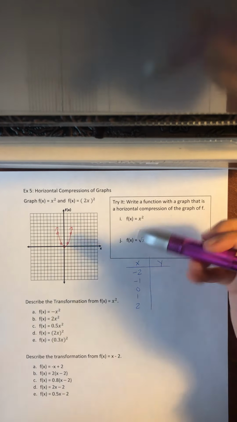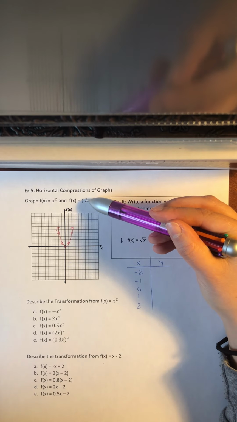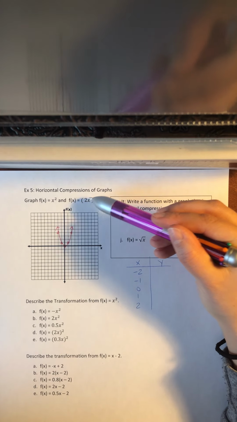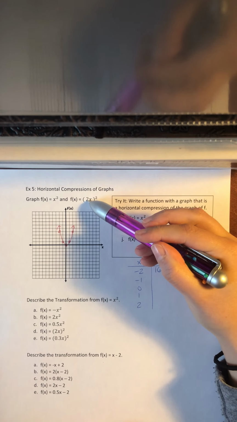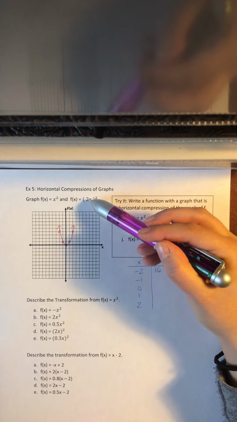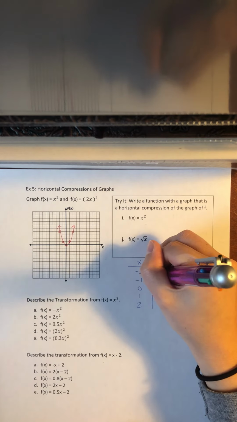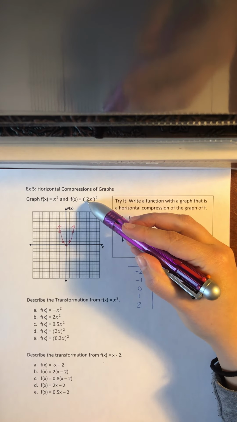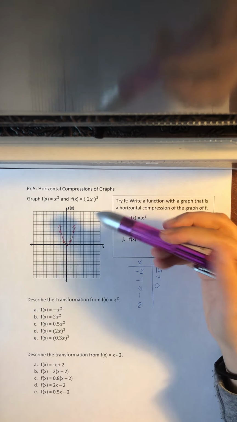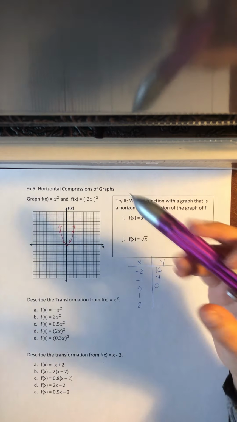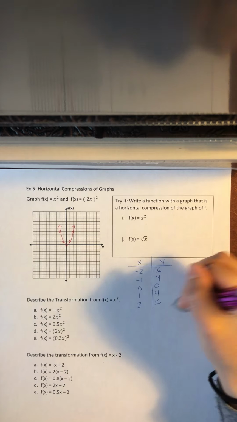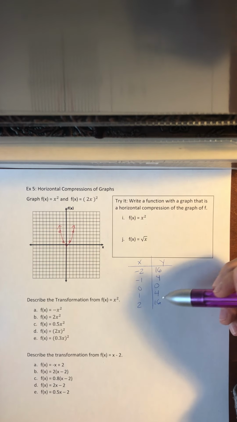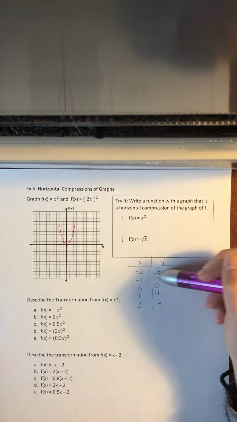All right, if we plug in -2, -2 times 2 is -4. -4 squared is +16. -1 times 2 is -2. -2 squared is +4. 0 times 2 is 0. 0 squared is 0. 1 times 2 is 2. 2 squared is 4. 2 times 2 is 4. Squared is 16. I'm not going to graph these values because they're going to go way off the graph. I'll start with these values right here.